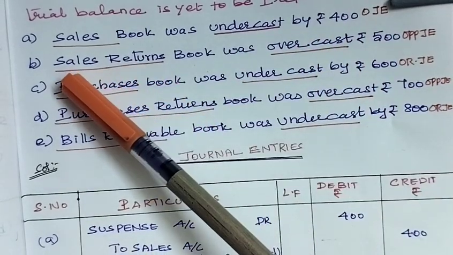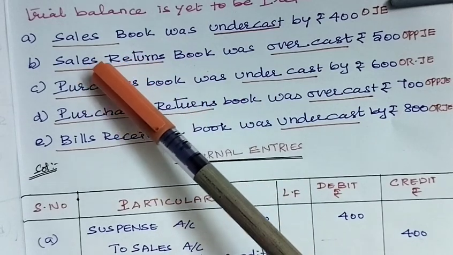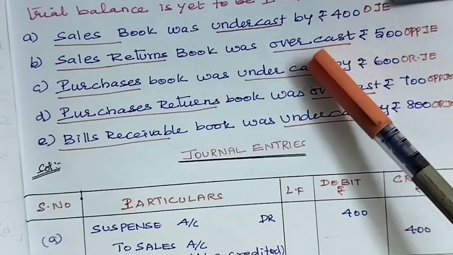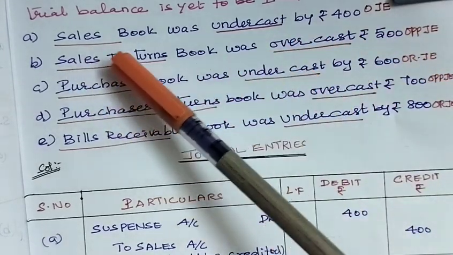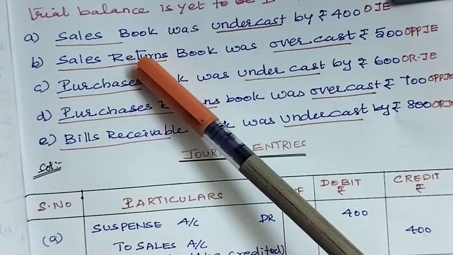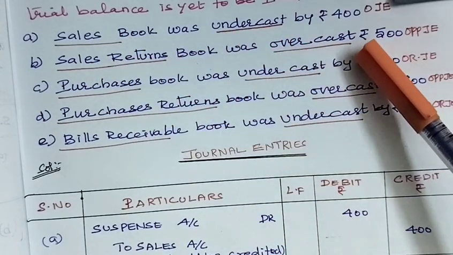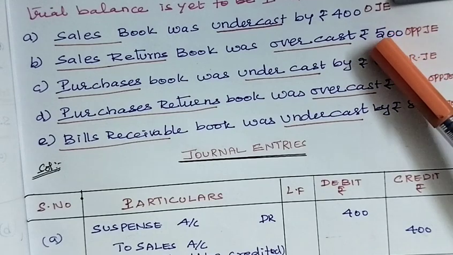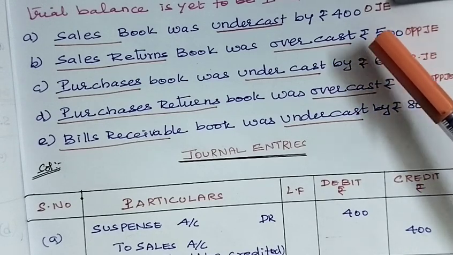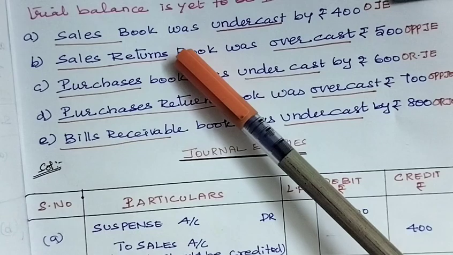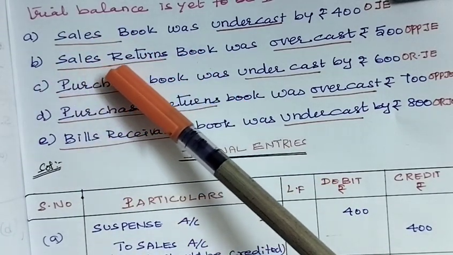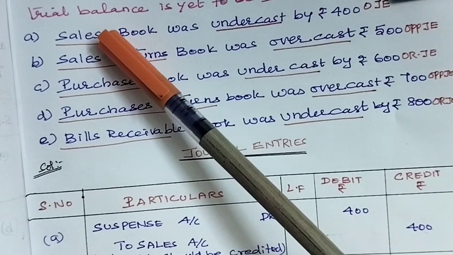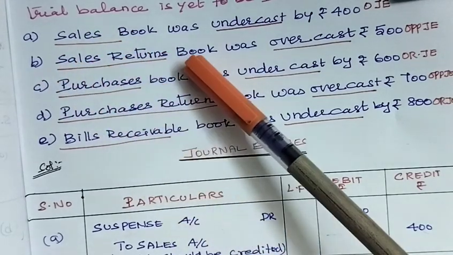The sales return book shows an excess of 500 rupees. How could you rectify this error? You should follow the opposite of the original journal entry for the sales return book. If the sales book is to be credited, the sales return book will be debited.